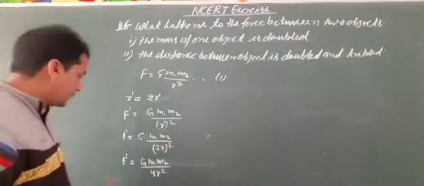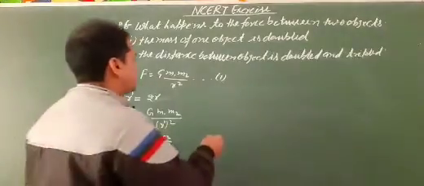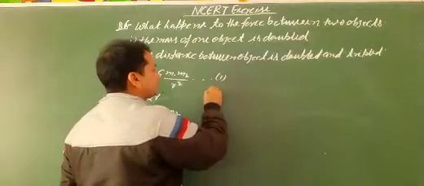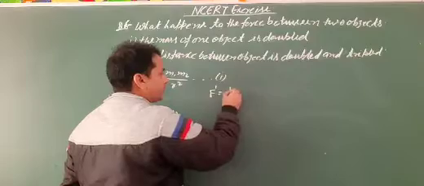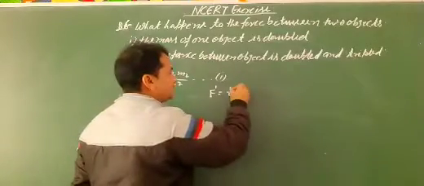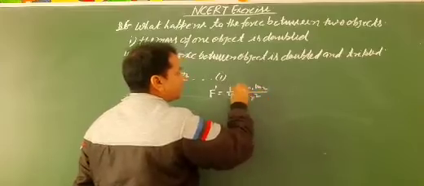So the new gravitational force F dash equals one by 4 times G m1 m2 by r square.